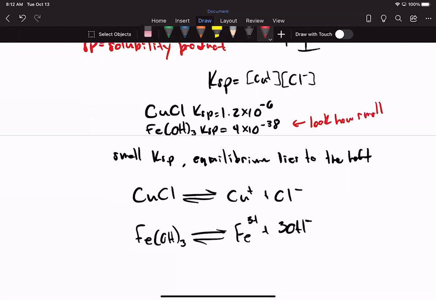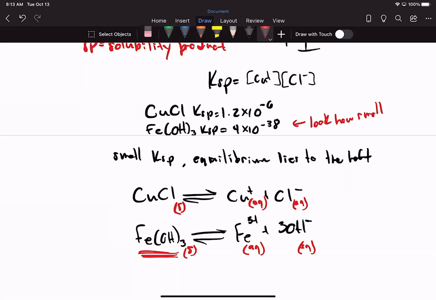So the smaller the Ksp, the less soluble it is. Because this is such a small Ksp, the equilibrium lies to the left. Iron hydroxide is not very soluble.